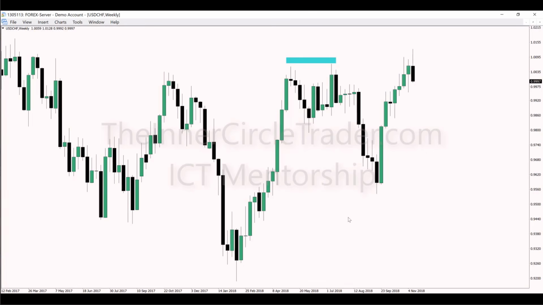We have a market maker sell model, which is the consolidation seen here. And I'll map this out for you real quick. So we have a consolidation in here. Usually I do this in green, but I'm just going to do it as just a real quick shading.